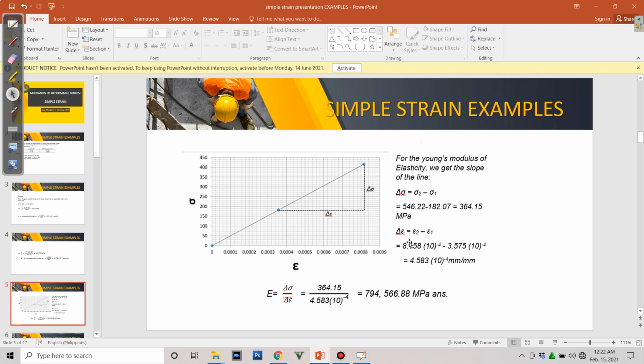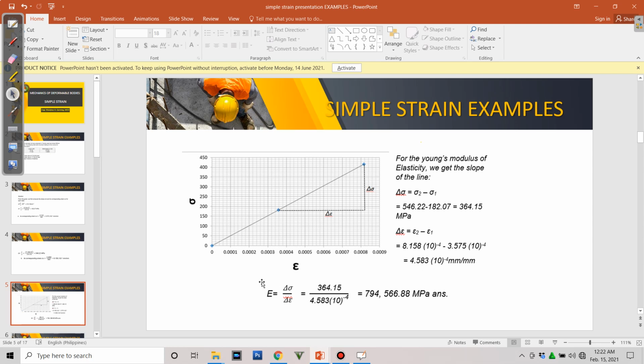Then delta strain is equal to the second strain minus the first strain. We come up with 4.583 times 10 raised to negative 4 millimeter per millimeter.